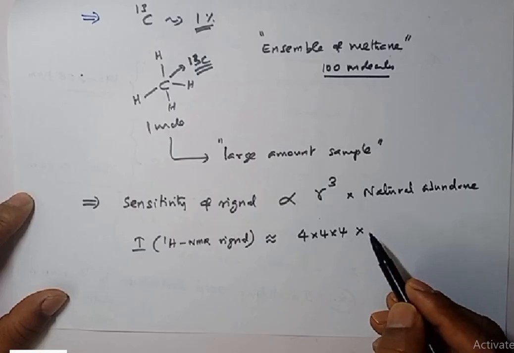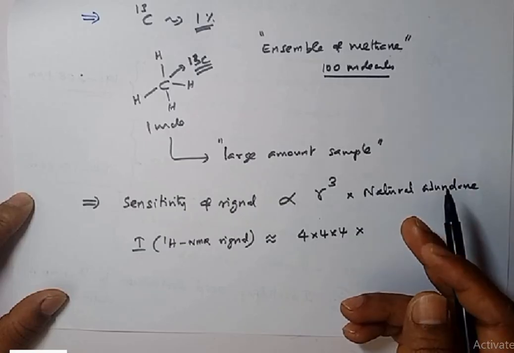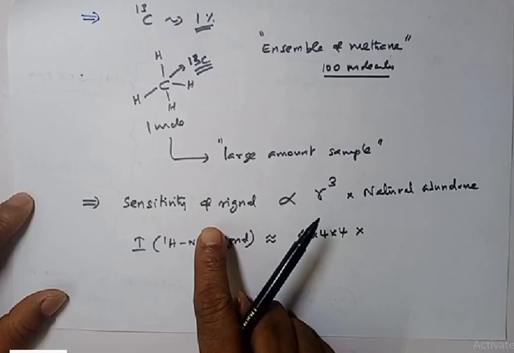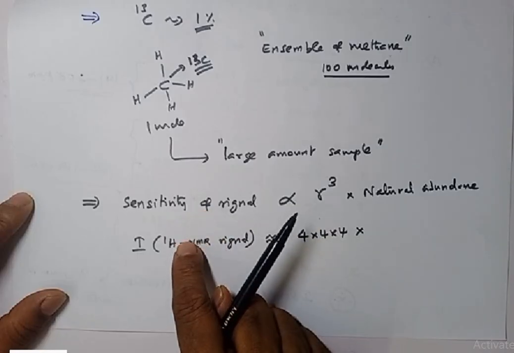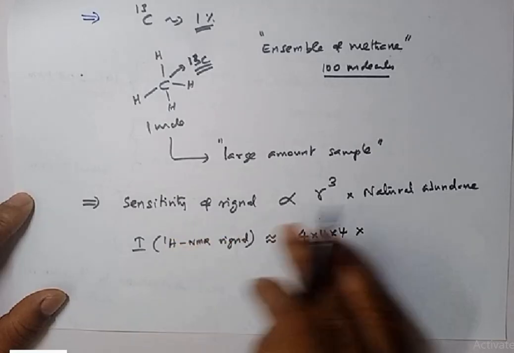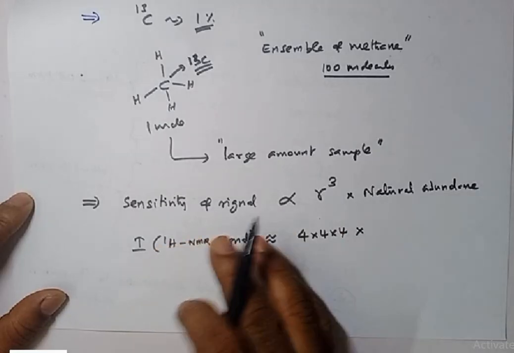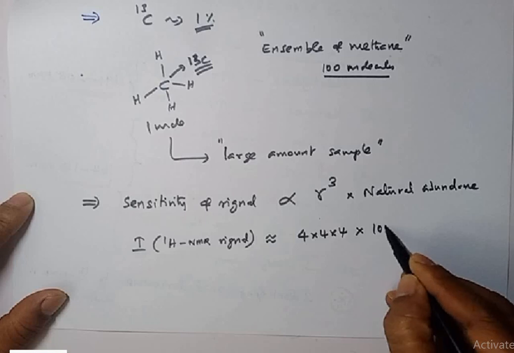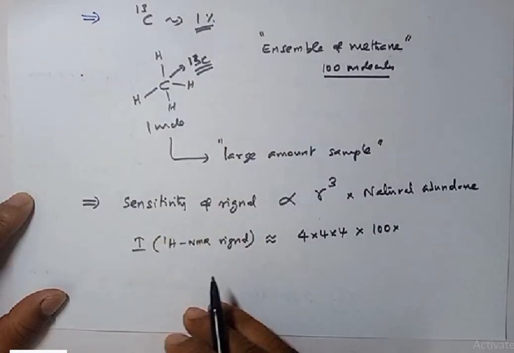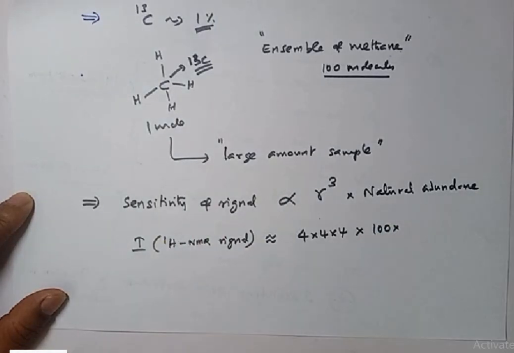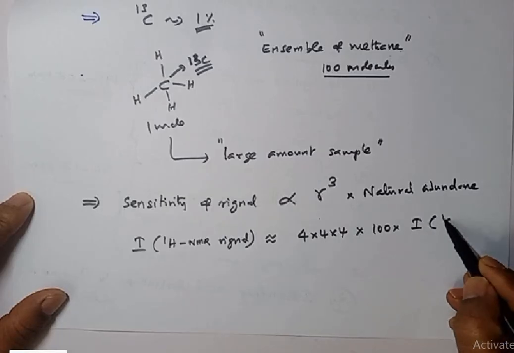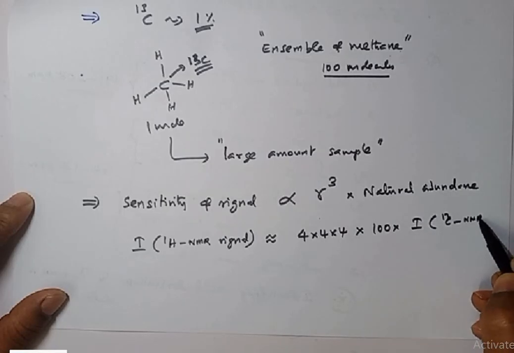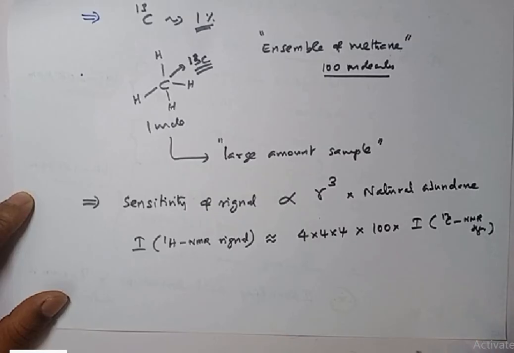And the natural abundance in the case of proton NMR is 99.9, almost 100, whereas for C13 it is just 1%. So the natural abundance of proton is 100 times greater than that of C13. This is the intensity of the C13 NMR signal; I'm just comparing the intensities.